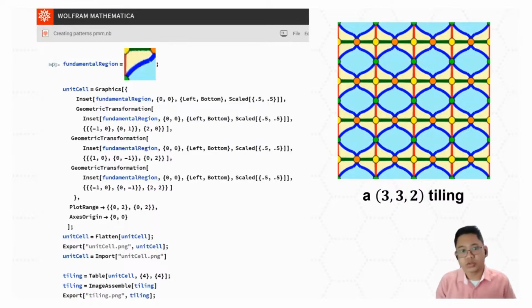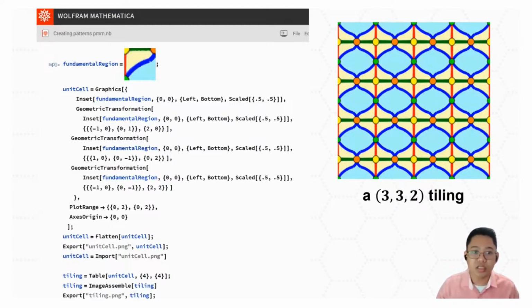So that's good, right? Because now you can simply change your fundamental region in order to create a different tiling. Meaning you can now do your investigation much faster, because you can create a lot of examples, consider those examples, and then make observations and conjectures. You can do a lot of things here.